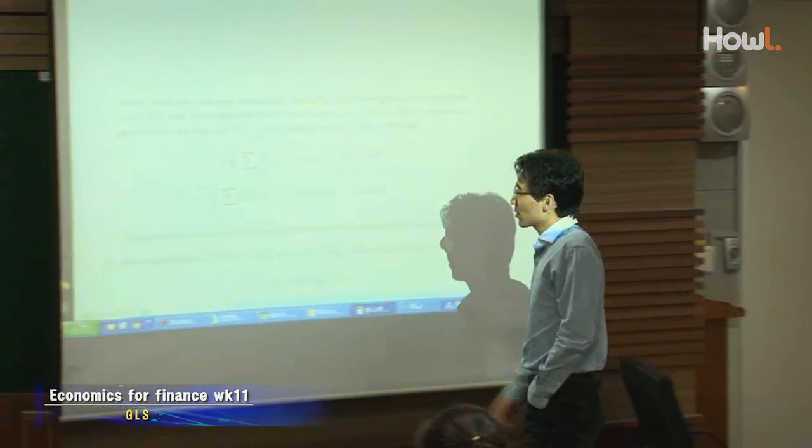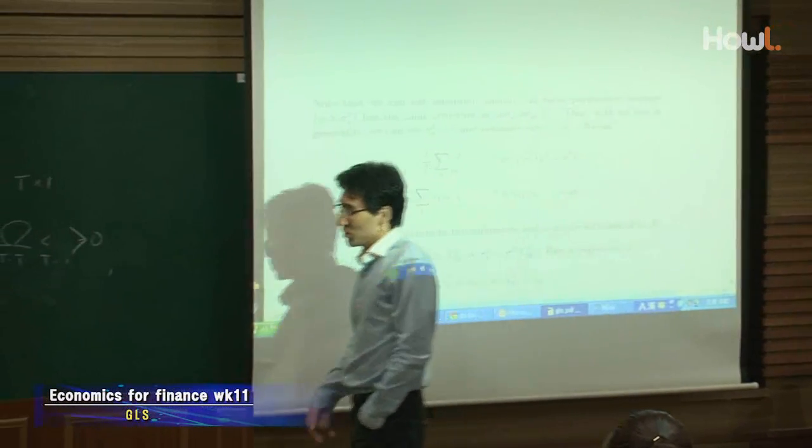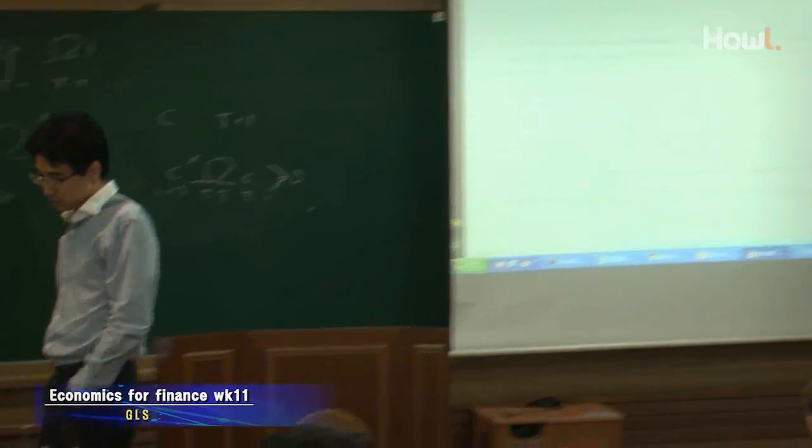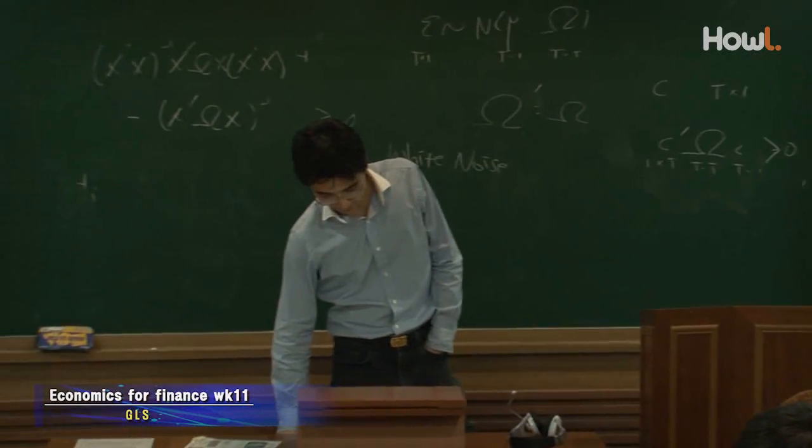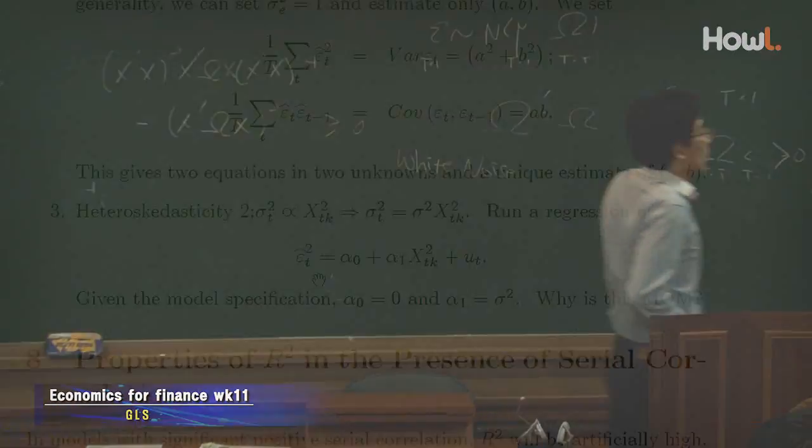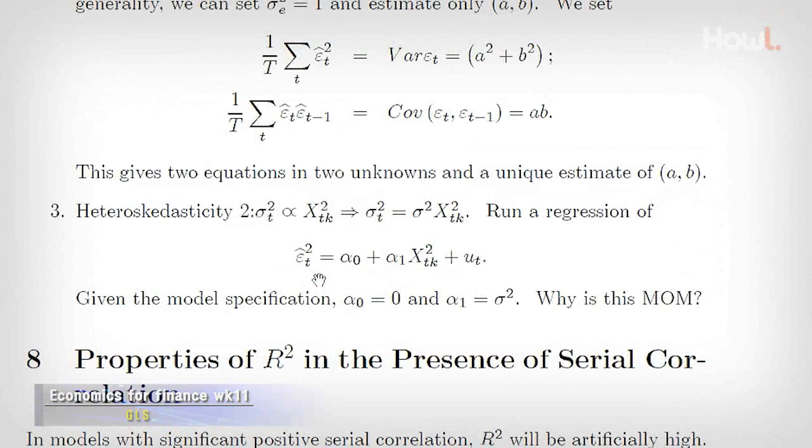Now, about heteroscedasticity of the second type. Suppose the variance of the observation at time t is proportional to one of our independent variables, x_tk.